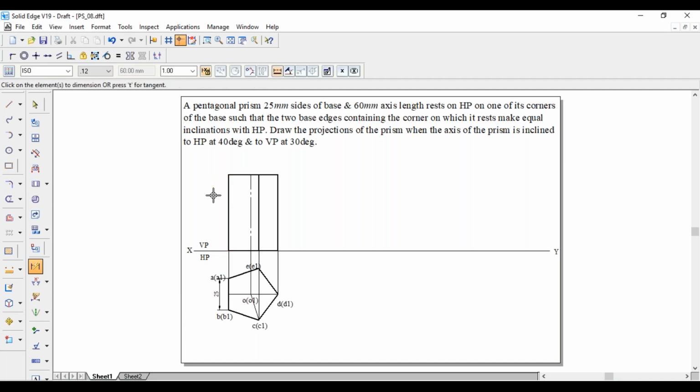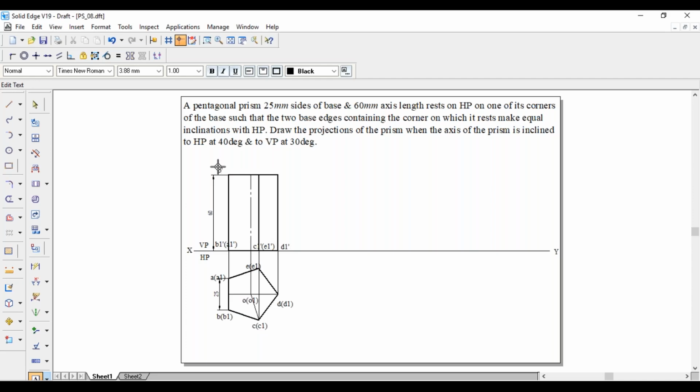So this length is 60 mm. B1 is visible, whereas A1 is invisible. So it is B1 dash in the bracket A1 dash. Here C1 is visible, E1 is invisible. So C1 dash in the bracket E1 dash. This one is B1 dash.